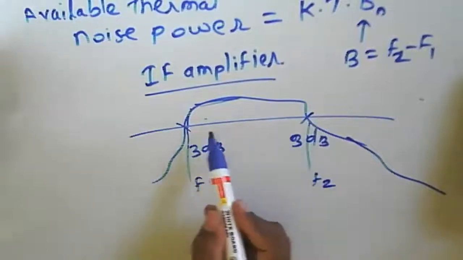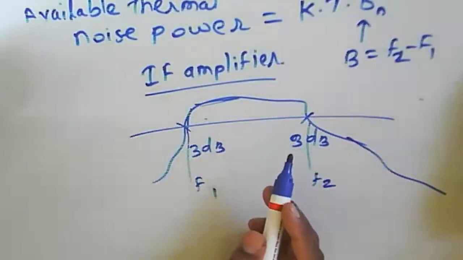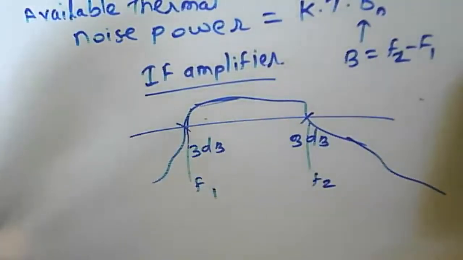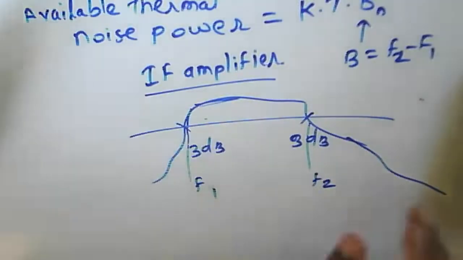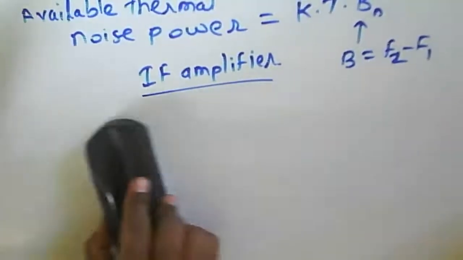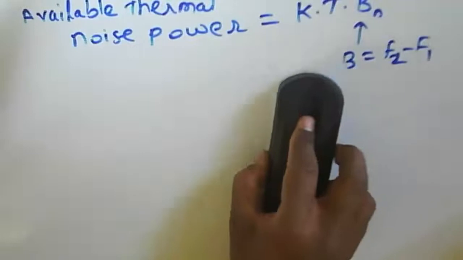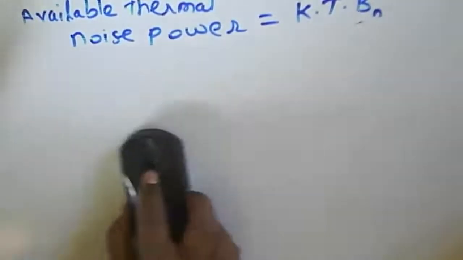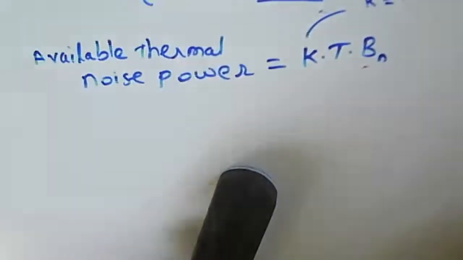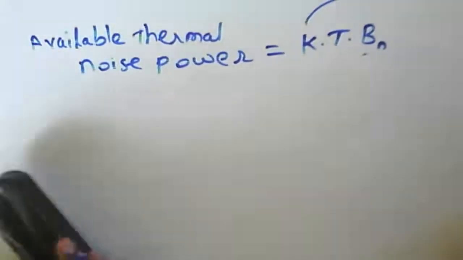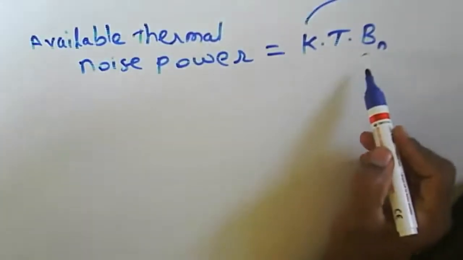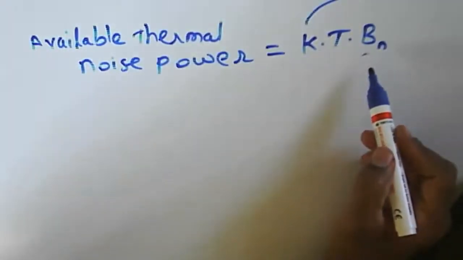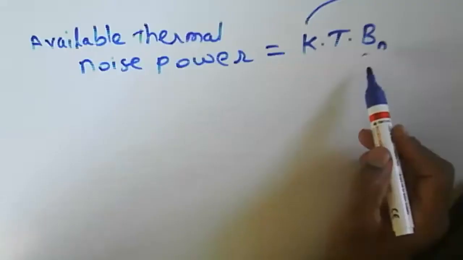The difference between the two 3 dB points is the half power bandwidth. So we consider an IF amplifier, and for the given IF amplifier, what will be the response curve? That response curve will provide you the bandwidth.